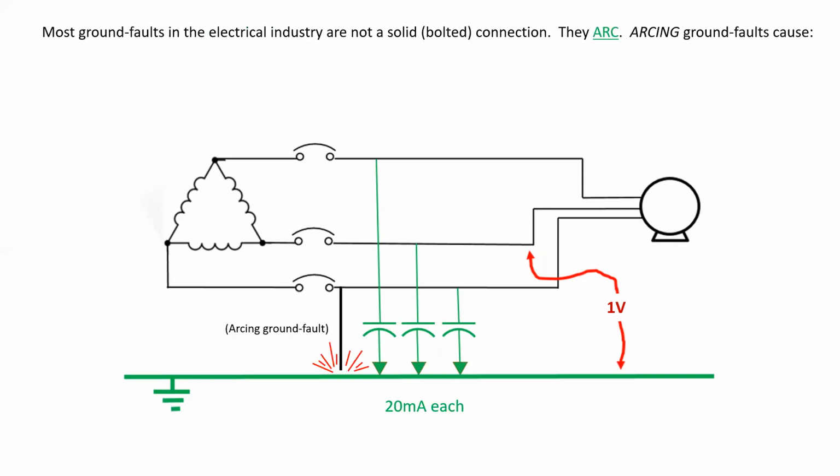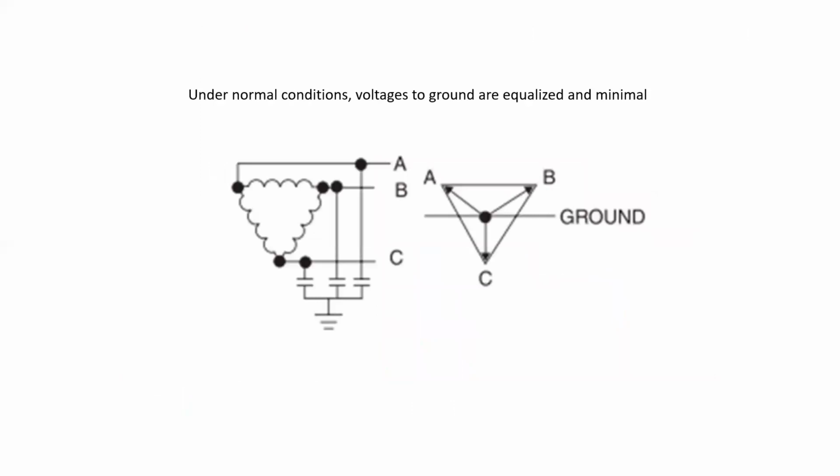So most ground faults in the industry are not solid, but instead they're arcing. And arcing ground faults cause heat, damage, fire, and extreme voltage disturbances in ungrounded systems. Under normal conditions, the voltages to ground are equalized and fairly minimal because of that capacitive coupling.